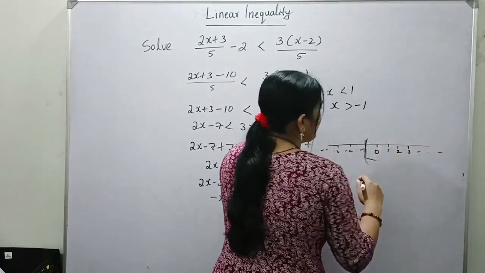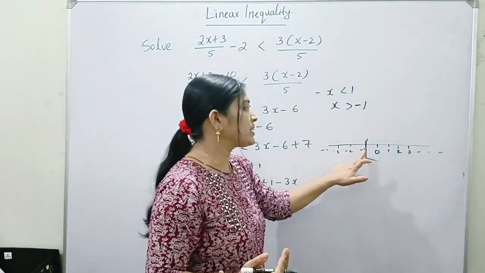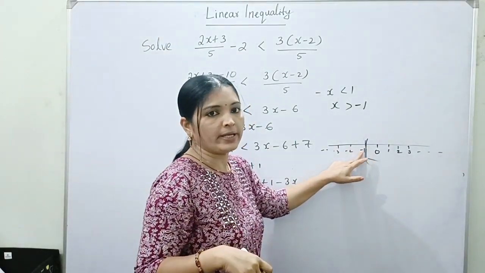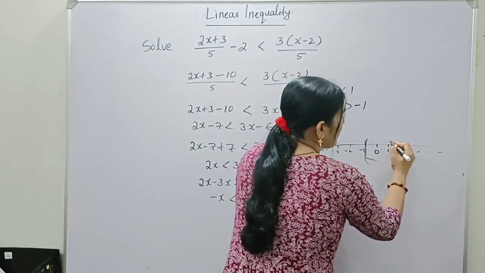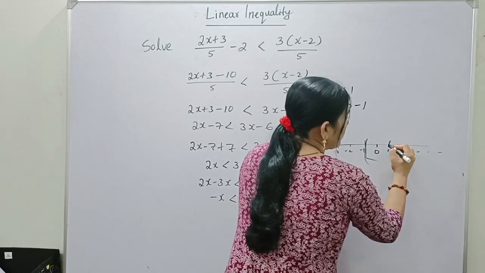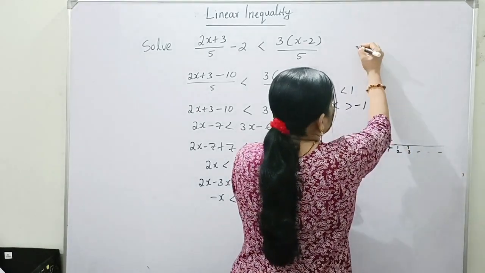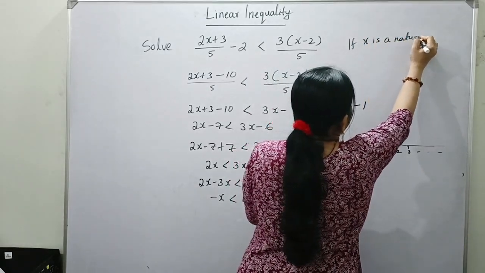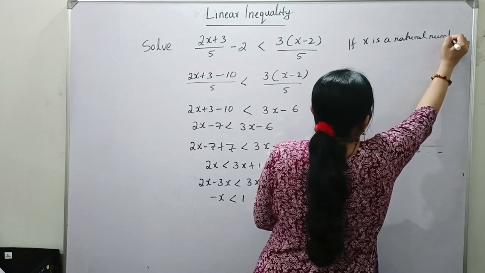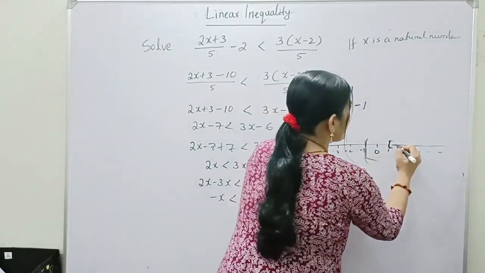In number line, if x is a natural number, this minus value is not included, right? So if x is a natural number, the solution will be from 1 to infinity, where x will be lying from here.